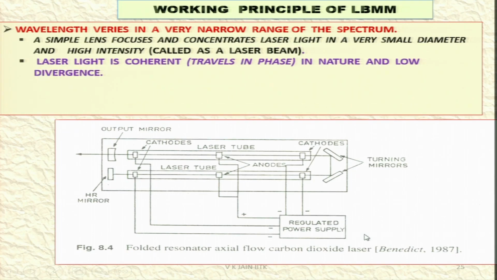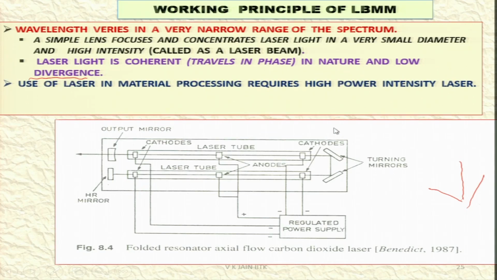Laser light is coherent, it travels in phase. This is a very important characteristic of laser light, and it has low divergence. This is another very important property because it travels almost straight rather than bending or diverging in any direction.